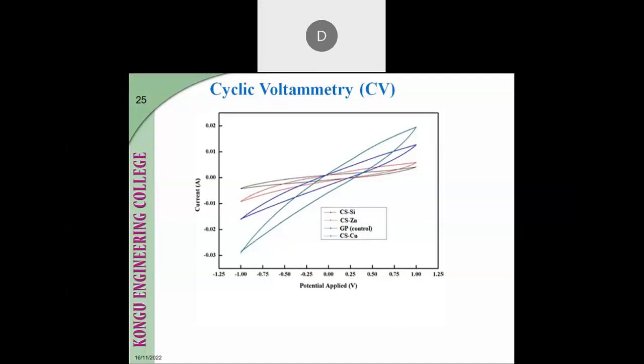So here we can say the microbial fuel cell performance is improved when you use this kind of electrode, where the major electrode surface change can enhance the performance of the microbial fuel cell.